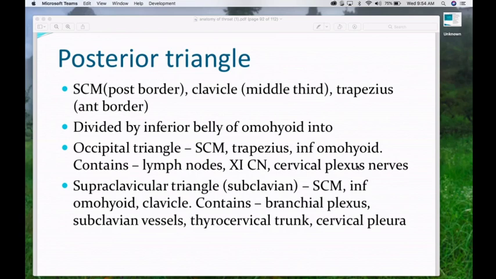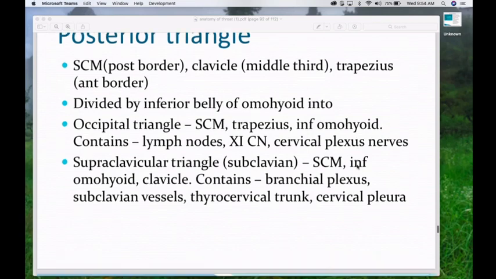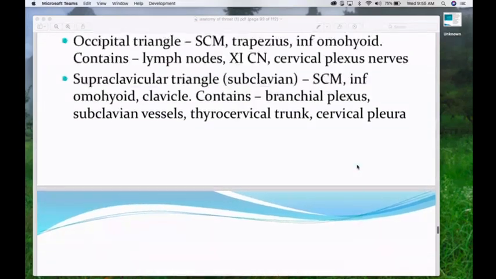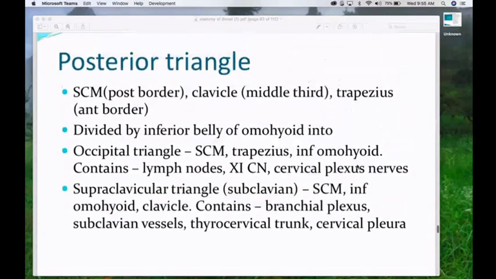occipital part by the inferior belly of omohyoid. So it is divided by the inferior belly of omohyoid into two parts, the occipital triangle and the supraclavicular triangle.